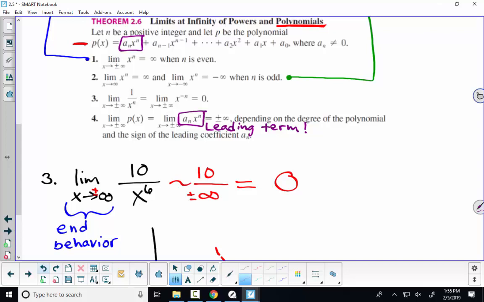So it depends on the degree, like what 1 and 2 said, and it depends on the leading coefficient. So things we already knew, we're just making those statements very precise in a mathematical language. That's all we're doing there. We've virtually talked about everything on there already. Does anyone have any comments or questions on that?